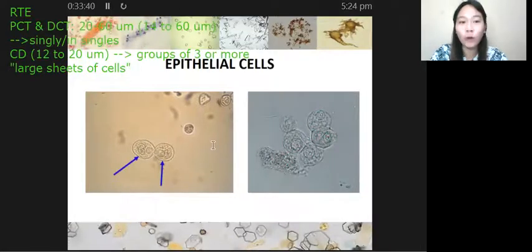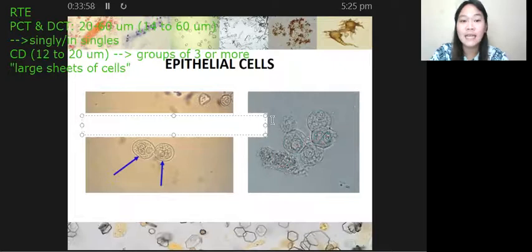Take note that in the recent board exam, ang tanong actually dun is, how do you differentiate daw your RTE cell from your bladder cell? So ngayon, kilala na natin kung sino si bladder cell. Tama?